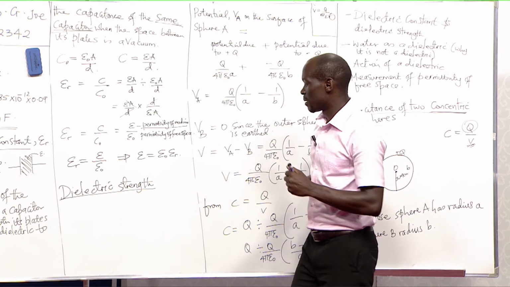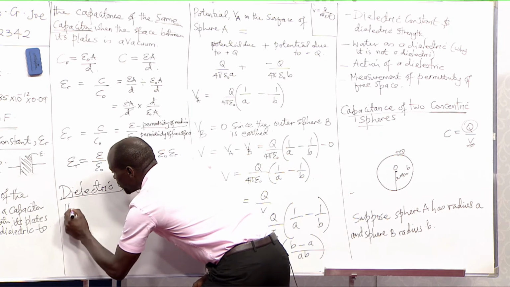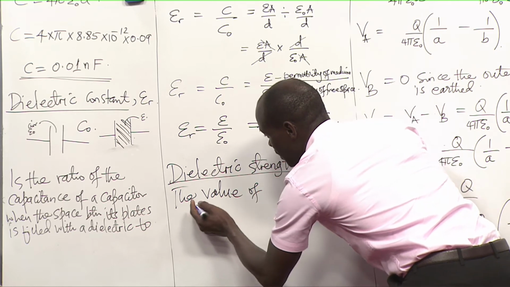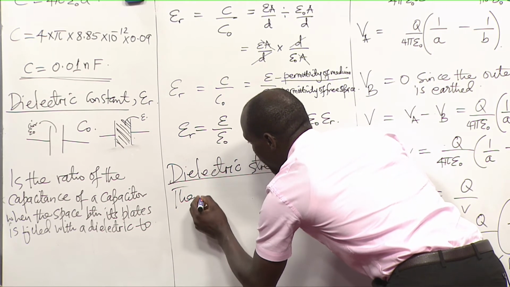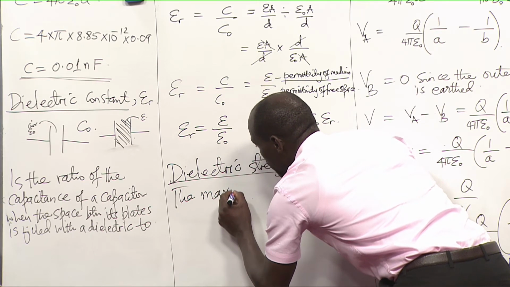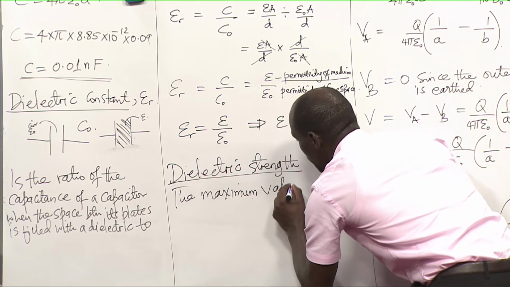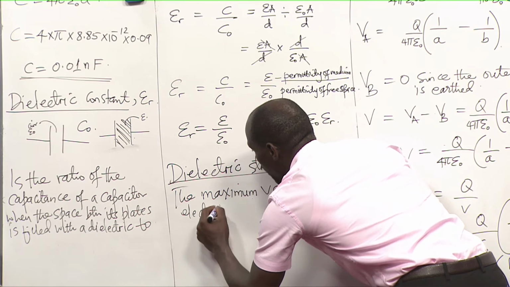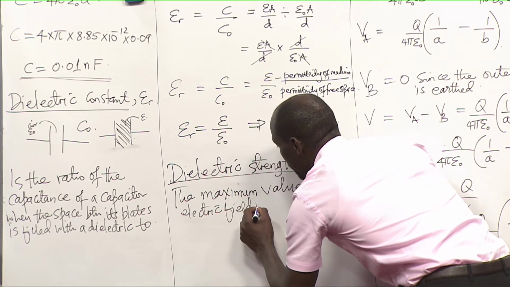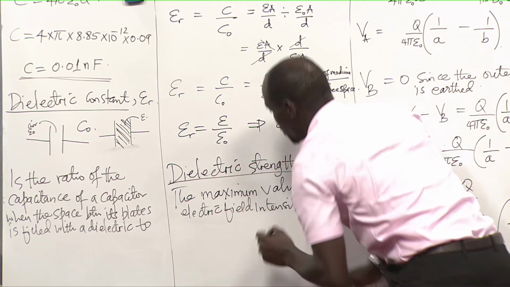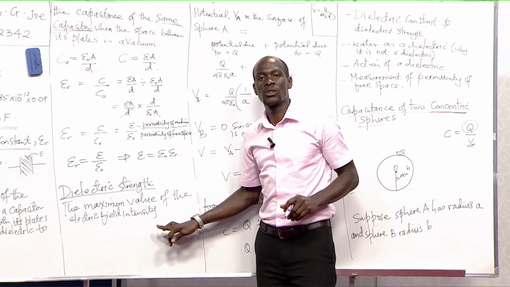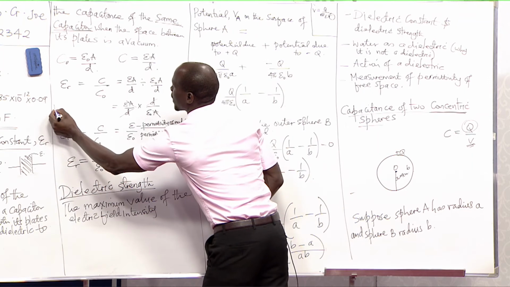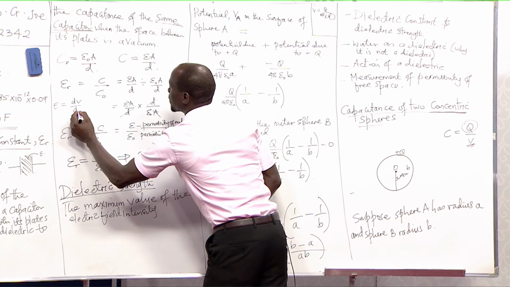So that dielectric strength is therefore defined as the maximum value of the electric field intensity. I can also say the maximum potential gradient. If you remember, we looked at E is equal to dV/dx.